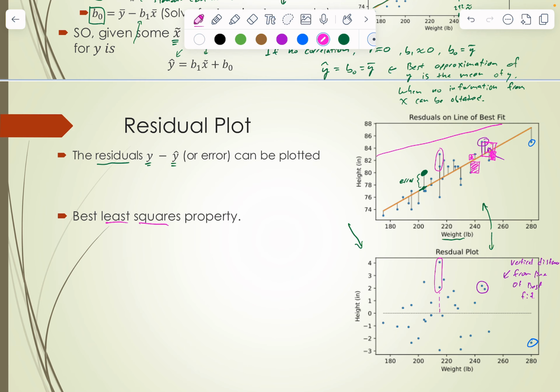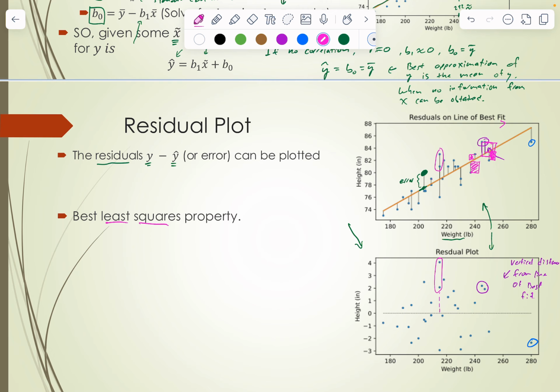Suppose we wanted this line here to be a line of best fit. Is this a line of best fit? Well, no, because look at how big these residuals are. If you square the residuals, these would all be very big. That is a bad choice of the line of best fit. It does not satisfy the least squares property.